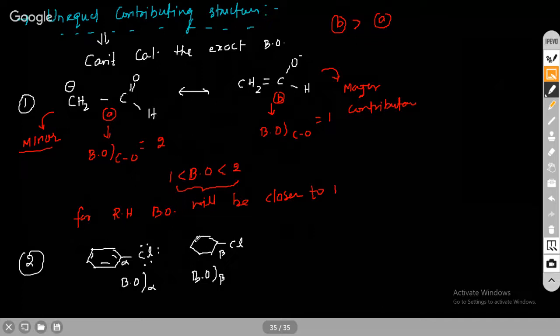Tell me what happened. Bond order between two carbons. Bond order between this carbon and chlorine bond. C-Cl, this alpha, this alpha, this alpha, this beta here.